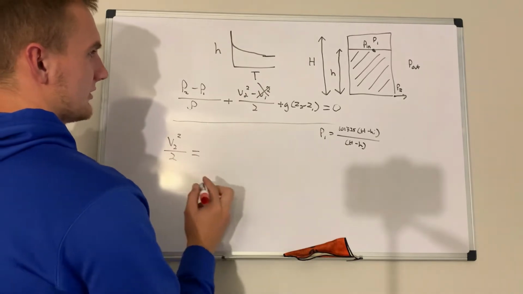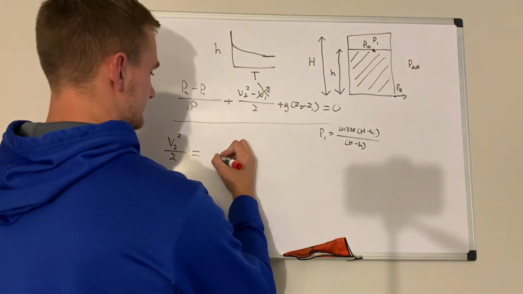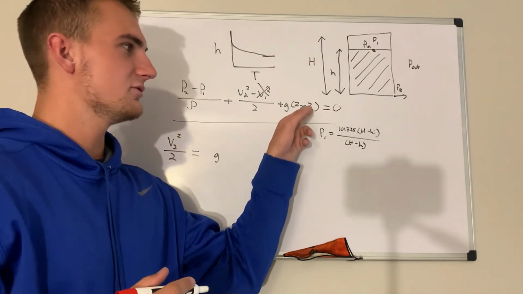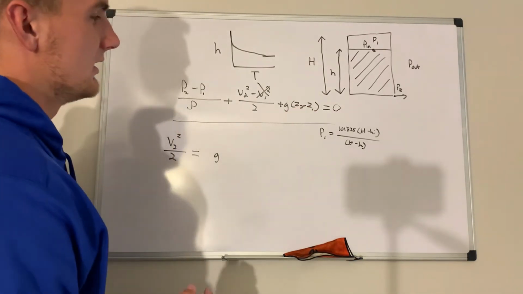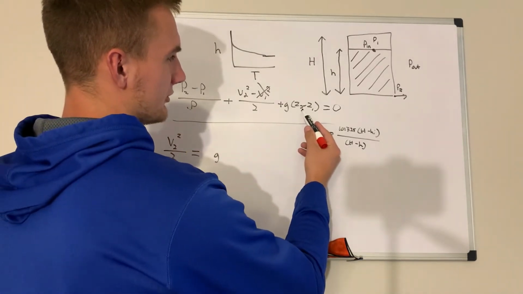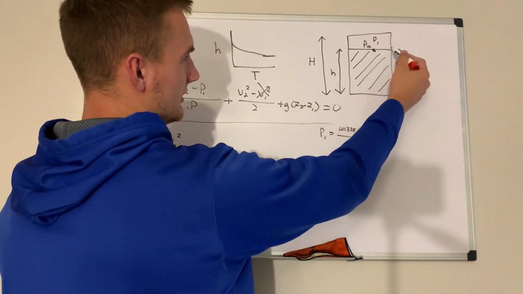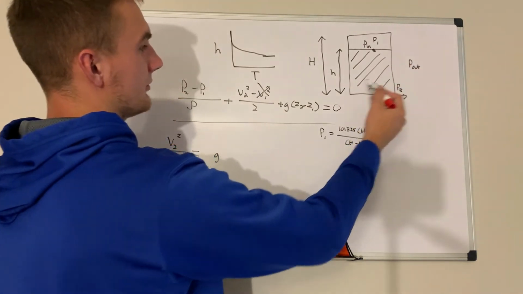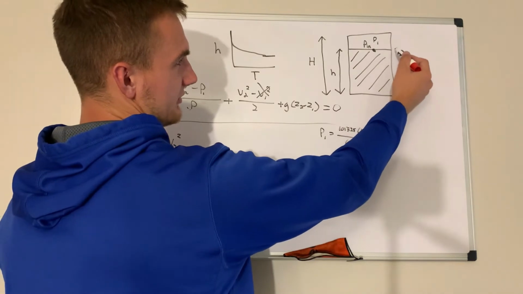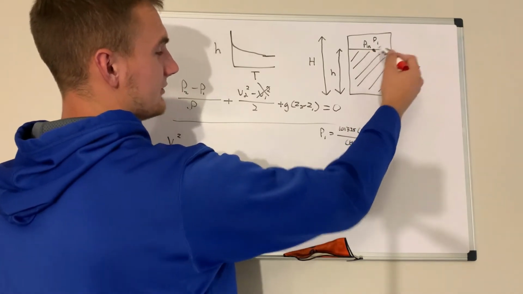Out front here, we will have our g. And with this Z2 minus Z1, we want to set our Z2 at 0, and we want our Z1 at position H, so the level H.